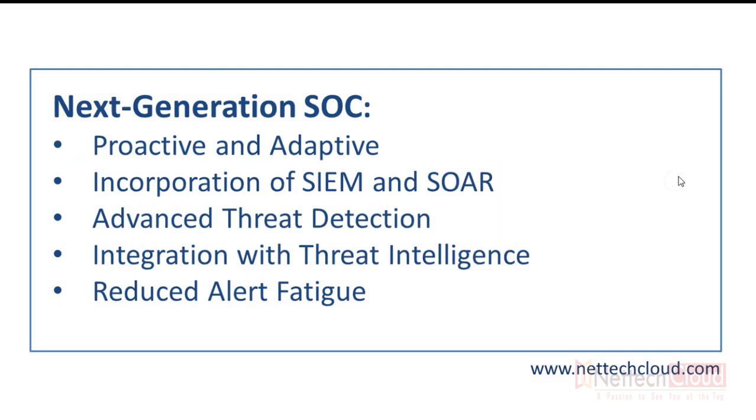Whereas in a modern or next generation security operations center, there is always a proactive and adaptive approach, with incorporation of SIEM plus SOAR. Even SIEM is also deployed in a traditional SOC, so SOAR is the new component in a modern or next generation security operations center.